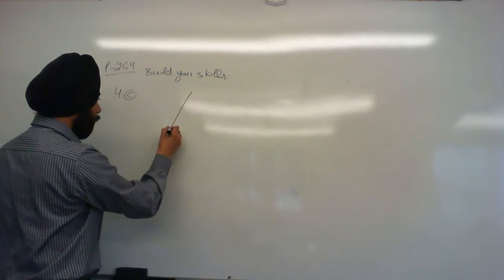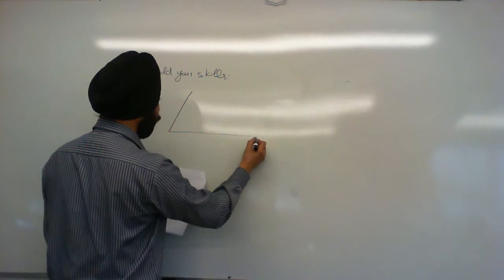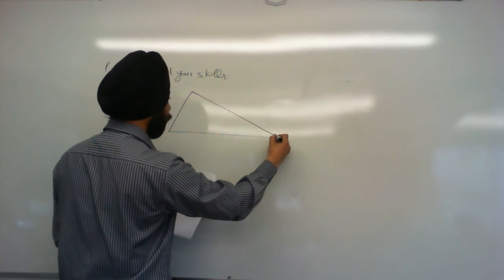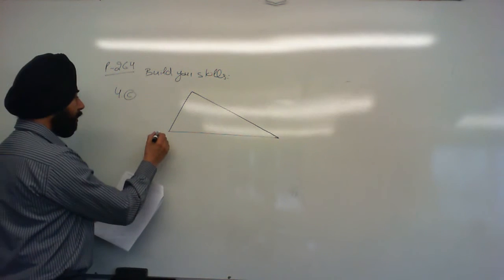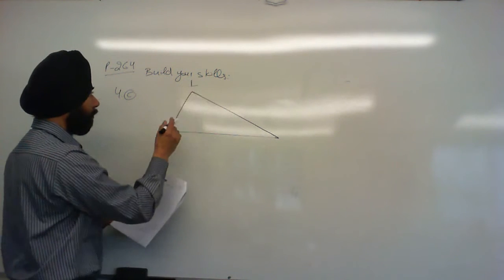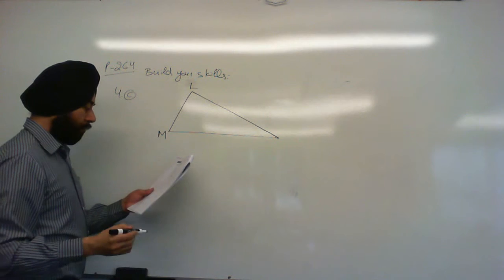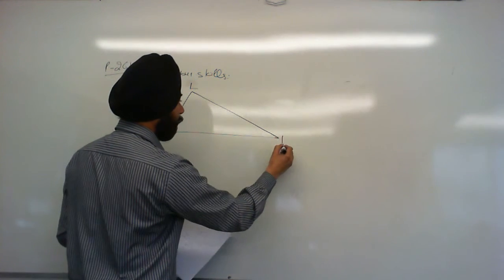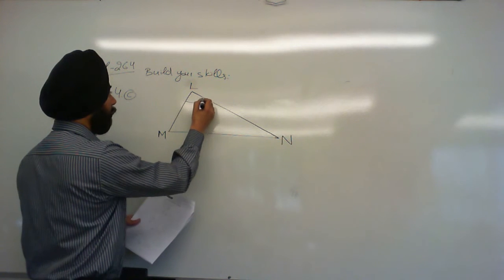Okay, this is the triangle given. This angle is given as M, this is L, and this one is N. This angle is given as 81 degrees.